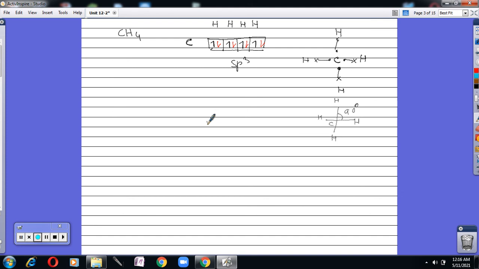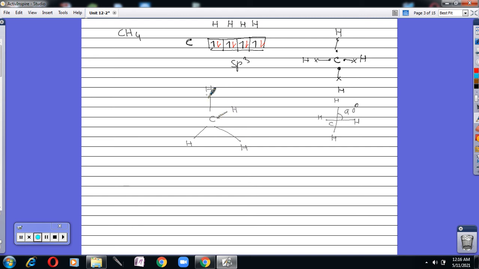But actually the bond angle between hydrogen, carbon and hydrogen is more than 90 degrees, that is almost 109 degrees 28 minutes, which proves that here the hybrid orbitals are formed by the hybridization of the carbon, right?